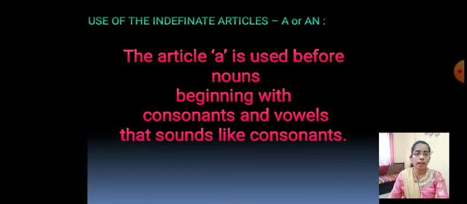The article a is used before nouns beginning with consonants and vowels that sound like consonants. Most of the time we use a before consonants, and sometimes before vowels that sound like a consonant.